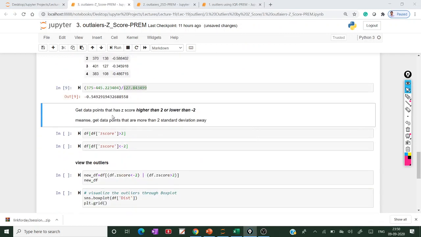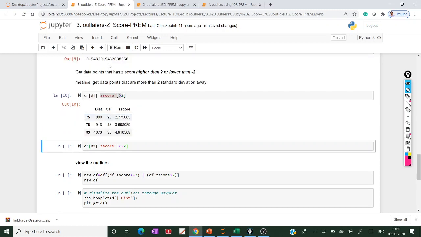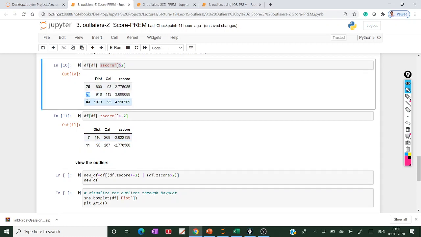So get the data points with a z score higher than 2 or lower than minus 2. Here we are taking 2, but according to your problem statement you can take 2 or 3. So here I am taking 2 standard deviations, and the z score is 2. If my z score is greater than 2, these are the outliers: 7, 11, 75, 78, 83.